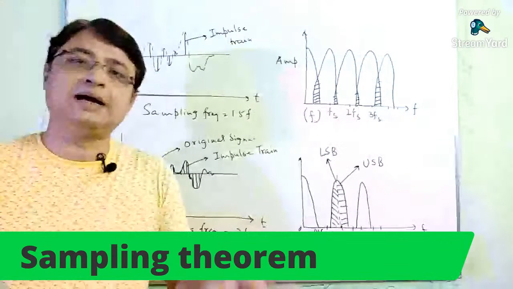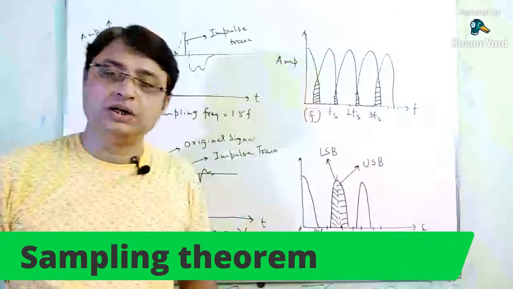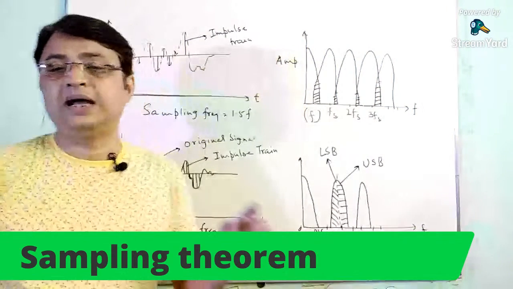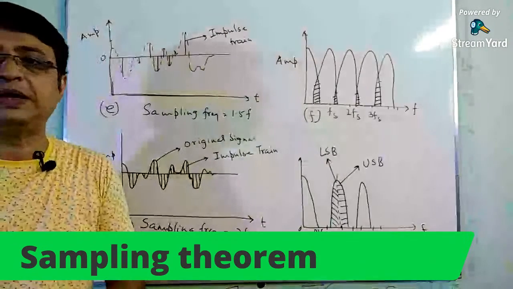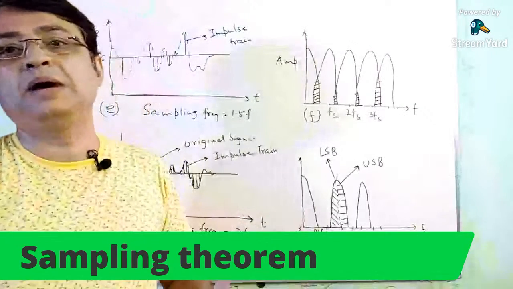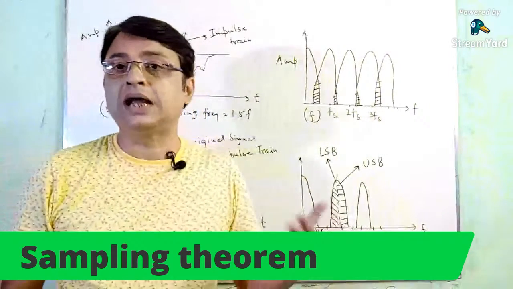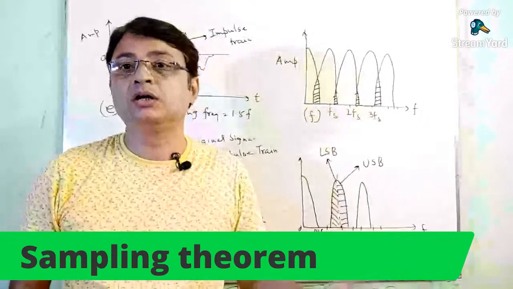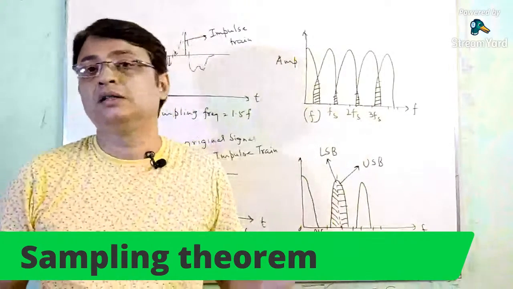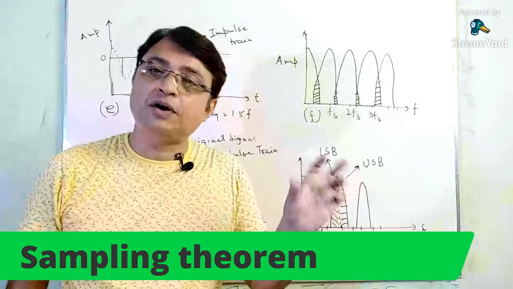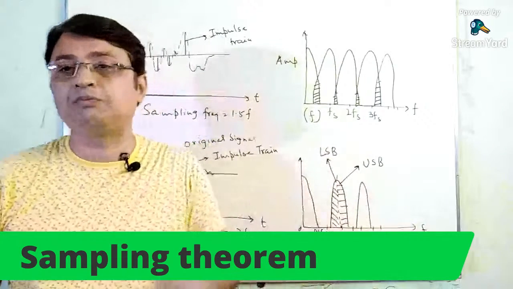In a one-liner, whenever you undersample any signal, the upper sideband and the lower sideband in the frequency spectrum overlap with each other, and thus you cannot effectively remove the overlap or reconstruct the original signal, because the information from the two sidebands is mixed.